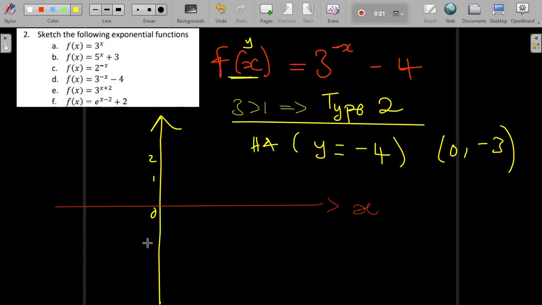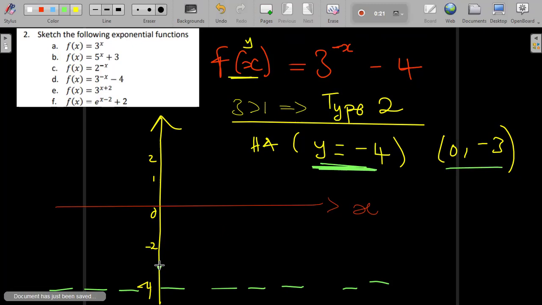And then here I'm going to say minus 2, and then minus 4 somewhere there. According to this, the horizontal asymptote is y equals minus 4, so I'm going to draw a line here. This is my horizontal asymptote. And what is my y-intercept? It is (0, minus 3). Minus 3 is between minus 2 and minus 4, so it's somewhere here.